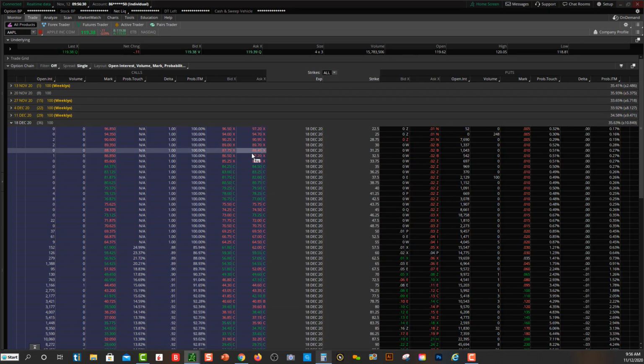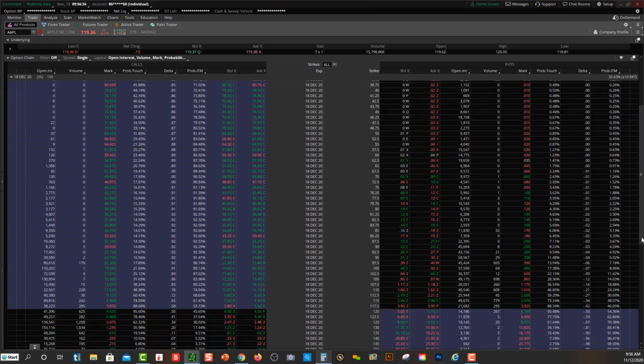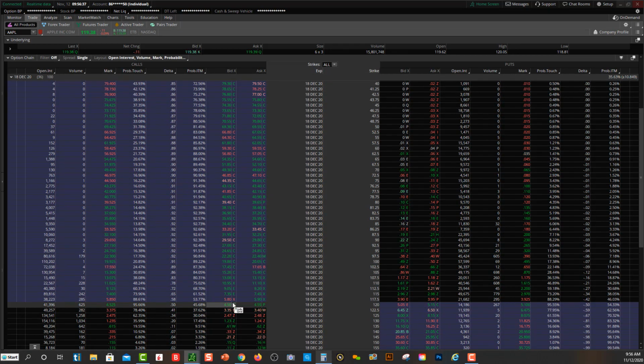Also, you want to look at these spreads. Ideally you want a tight bid-ask spread. Apple, Netflix, Google, big name companies typically have tight spreads, like 5 cents, 10 cents. That's what you like to see. You want to avoid stuff that has a 50-cent spread, $1 spread, $2, $5 spreads.